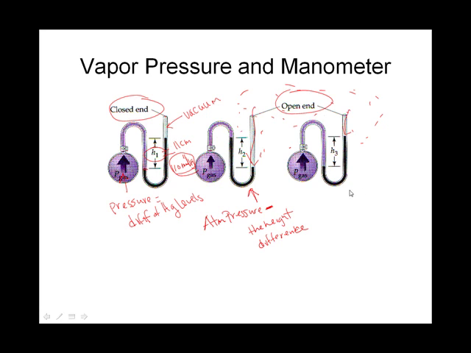So in this case, the pressure inside is higher, and so it's going to be the atmospheric pressure, in this case, add to it the height difference, which will give you the pressure inside this container.